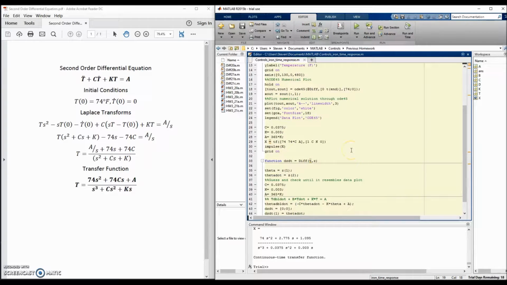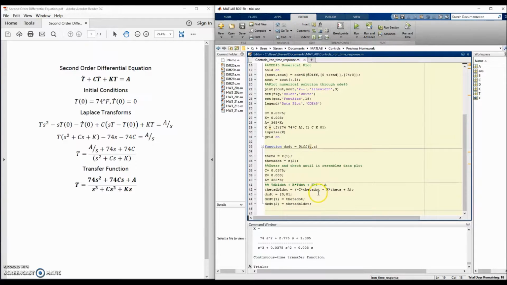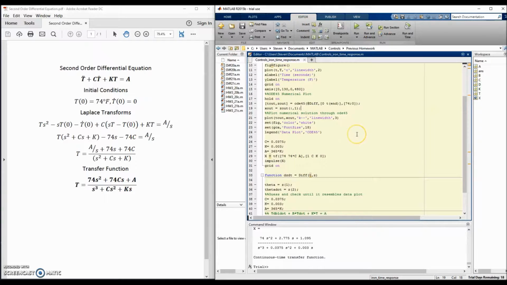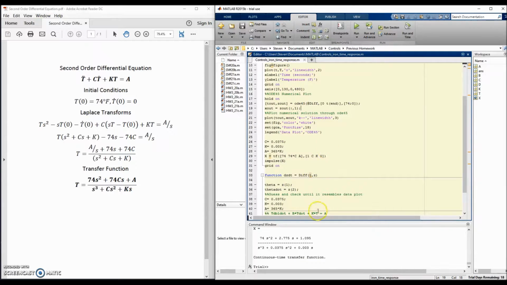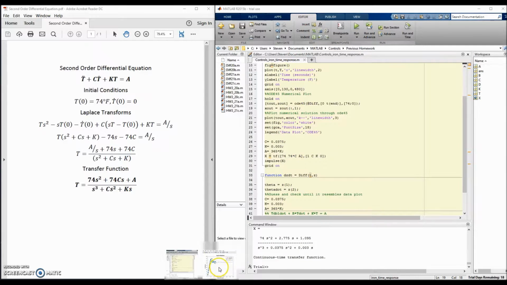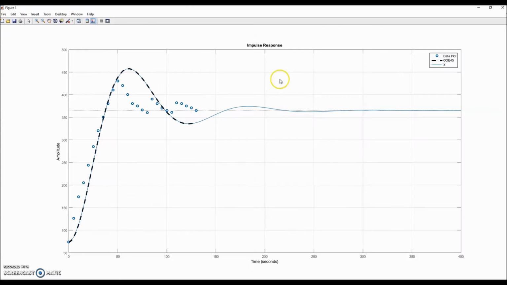So in MATLAB, we use ODE45 and the impulse function to plot our solution, as well as we typed in all our data collected from measuring the temperature at different time increments. And let's look at our plots that we generated, and you can see that shown as circles is our data that we recorded.